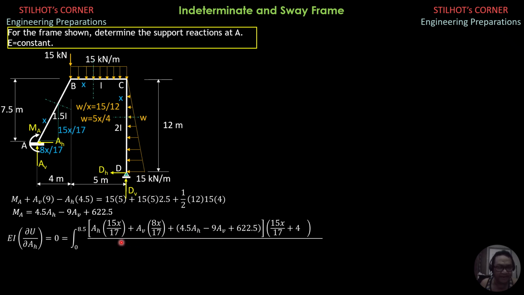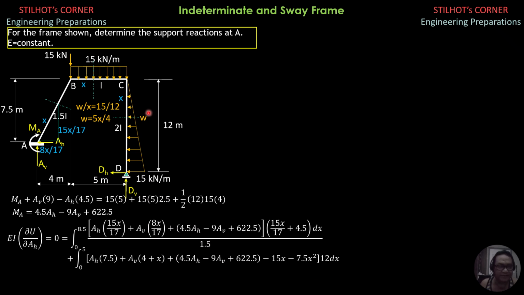Derivative with respect to AH is 15x over 17 plus 4.5, divided by 1.5 because I is 1.5. Then plus in this section, integral of AH times 7.5 plus AV times quantity 4 plus x minus 15x minus 15x times x over 2, or 7.5 x squared. Derivative with respect to AH is 7.5 plus 4.5, and that's 12 dx.